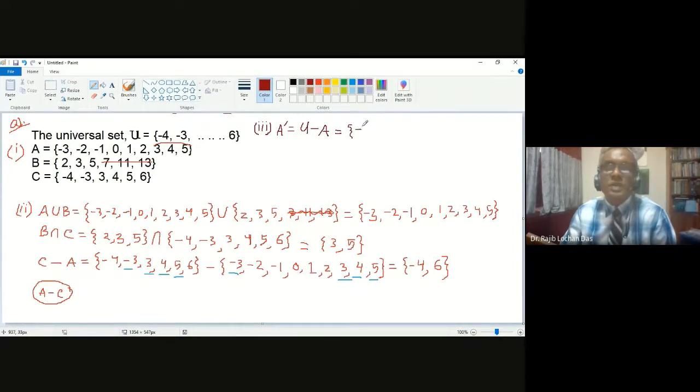So this is -4, then -3, and so on, all the elements up to 6, minus A. A you already know, that is -3 and -2, and serially it goes up to 5. So this is your A, and this is the universal set.